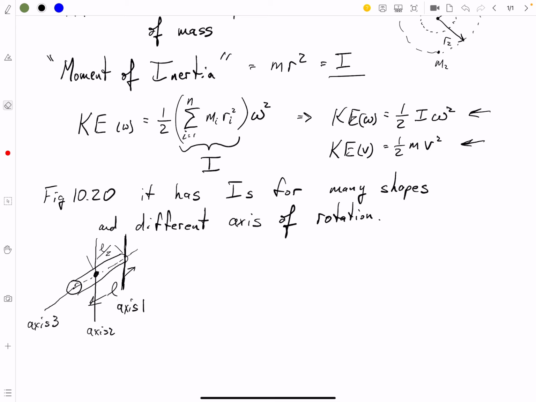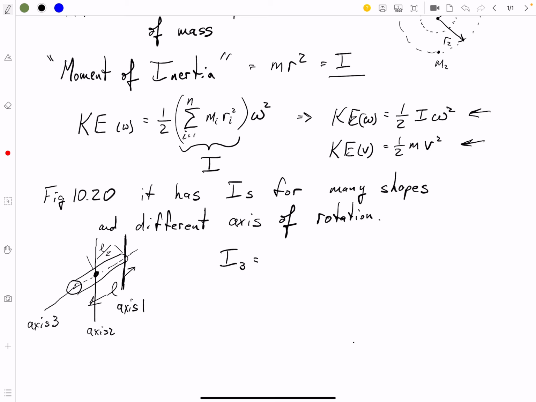We can look at that thing and notice that if we want to do axis 3, it would be the second one down on the left. So second one down on the left would be our axis 3, and we could say then our moment of inertia, I'm going to put a little 3 on there for axis 3.